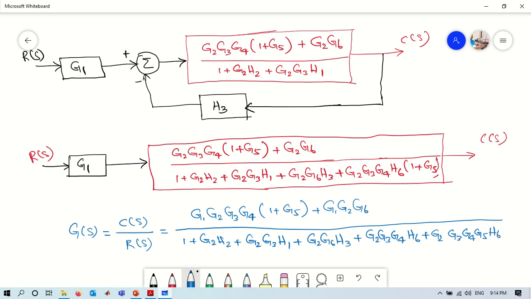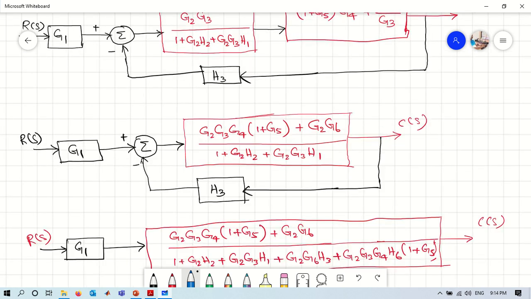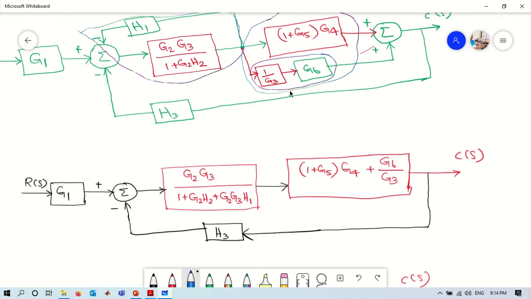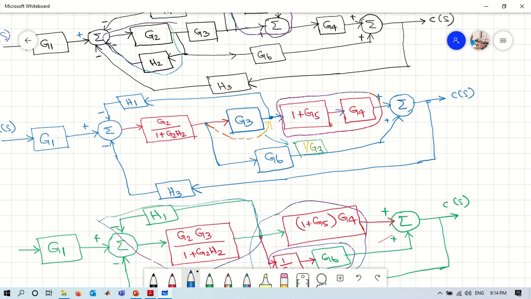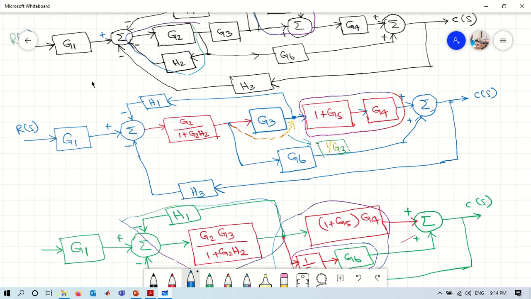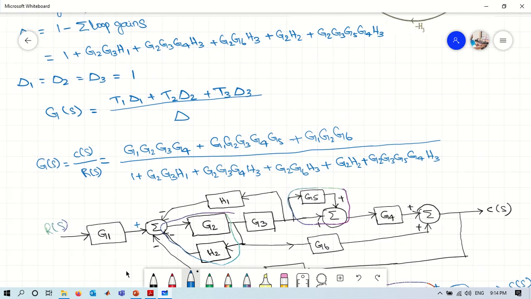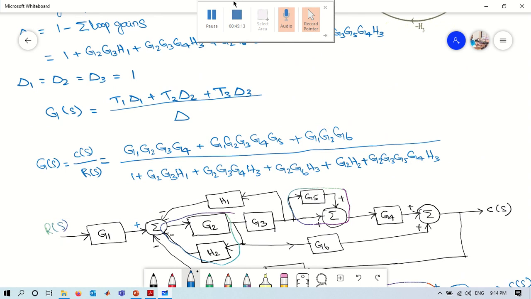If you compare this transfer function with what we derived by signal flow graph, I hope we'll have the same expression, right? Thank you.